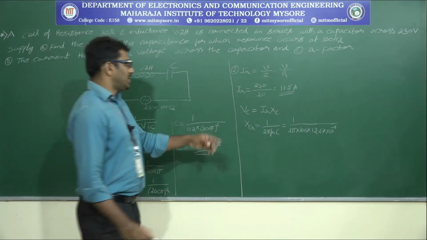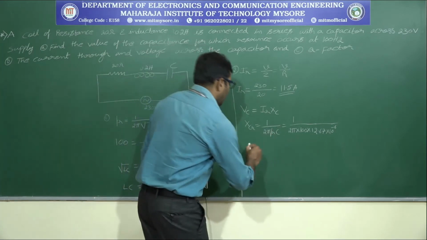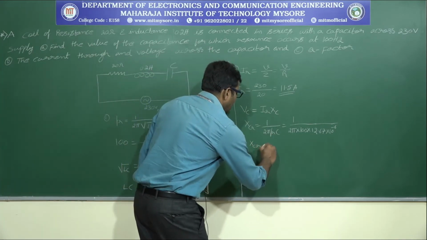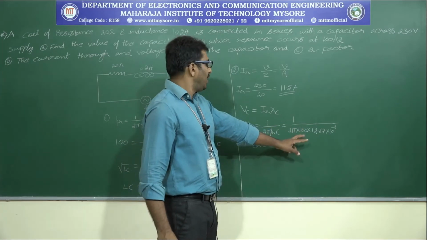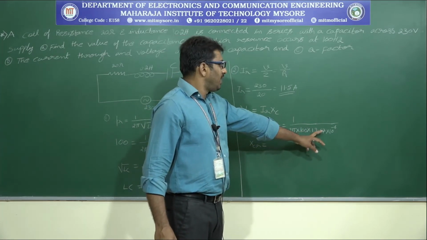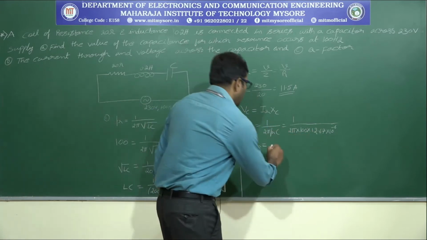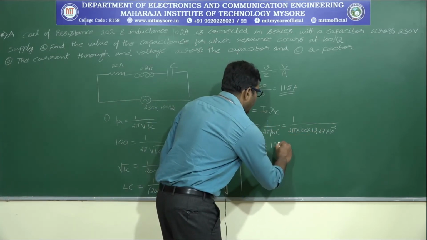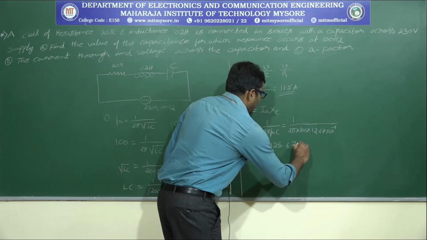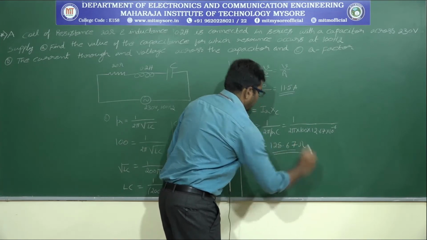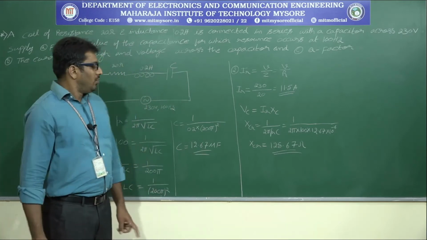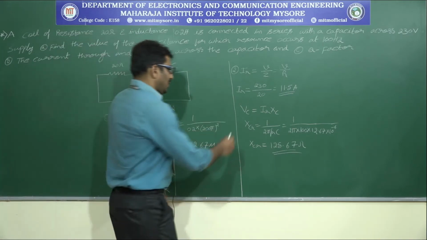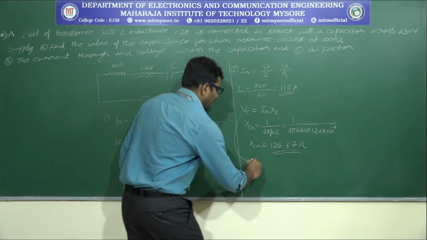Is that clear? Just simplify this equation. You will get XCR is equal to 1 divided by 2 pi into 100 into 12.67 into 10 power minus 6. You will get 125.67 ohms.